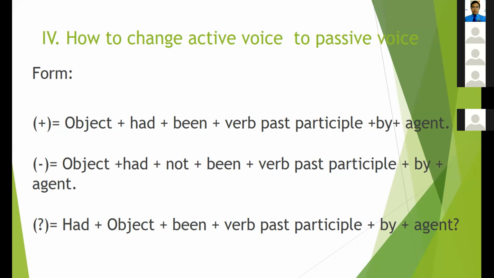I don't know either. But in my presentation, when I researched this, I found that the agent means by plus object. But I'm not sure. Are you clear or not? I'm not clear.